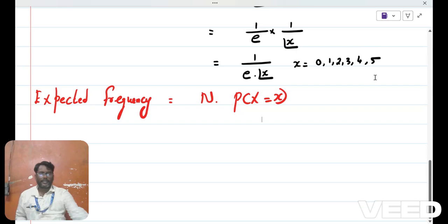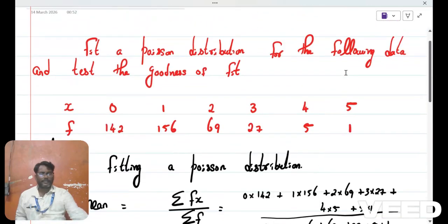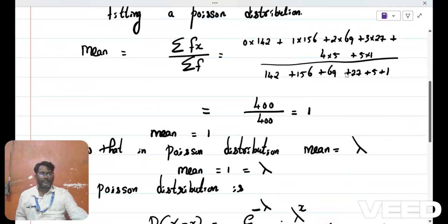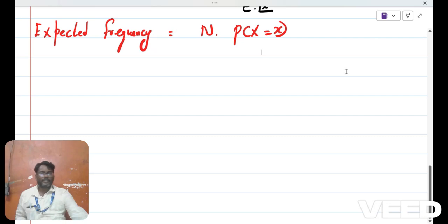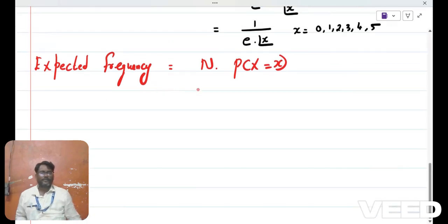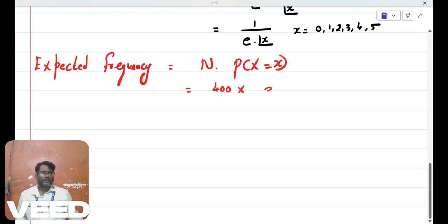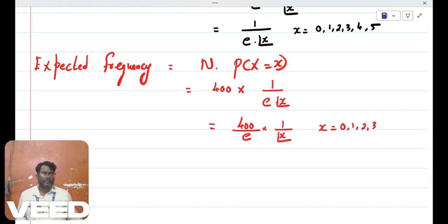Here the capital N is nothing but the sum of the frequencies, that is sigma f, which is 400. So we'll get expected frequencies 400 into 1 by e into x factorial, which is equal to 400 divided by e into 1 by x factorial, x is equal to 0, 1, 2, 3, 4, and 5.